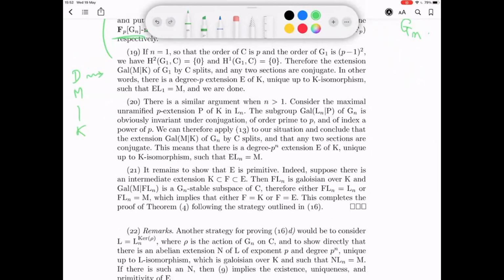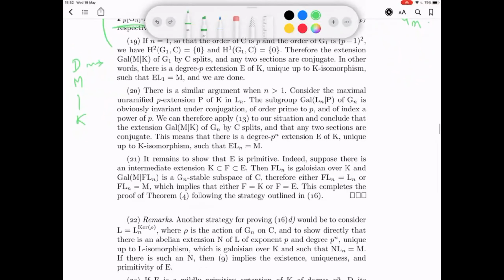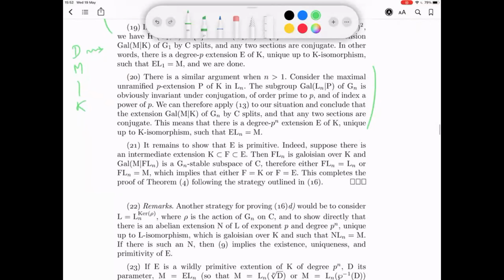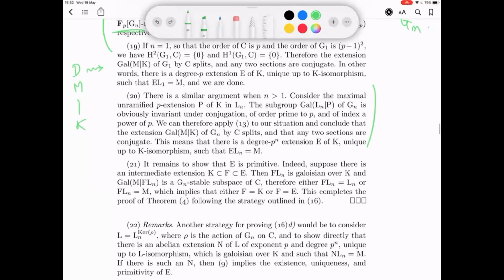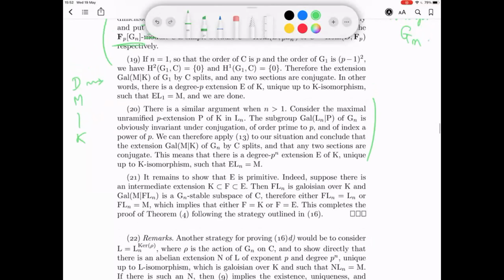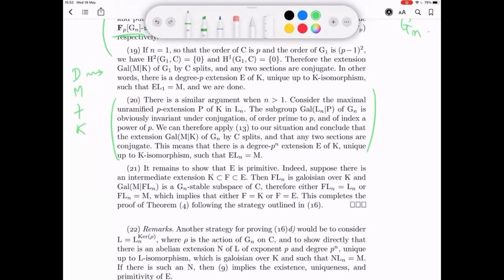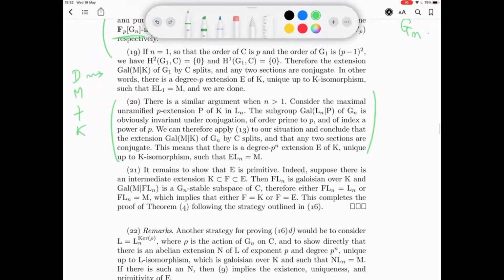So the argument is here. It's slightly, I mean, you just read this, but what happens is basically we are going to look at the maximal unramified p extension of K in L_n.